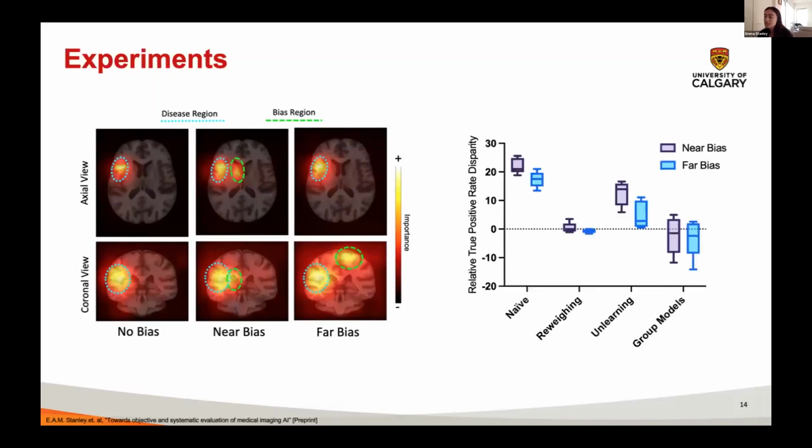We can also use these data sets to rigorously benchmark bias mitigation strategies, because we see in our experiments here that just simple reweighing actually perfectly mitigates performance disparities here. But we could simulate various other bias scenarios that might be hard to study with existing real medical imaging data sets, but that could be encountered in clinical practice, for example. And we can use this well-defined structured setup to better understand the situations that certain mitigation strategies might work best in and situations that they might fail in.